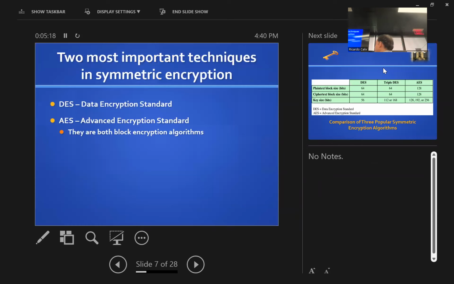Two of the most important techniques in symmetric encryption are DES, the Data Encryption Standard, and AES, the Advanced Encryption Standard. They're both block encryption algorithms. There may be other variations of these, but in general they have the same idea: you break the message into blocks and perform XOR. We will look at DES, and you will see it's a very highly elaborate algorithm.